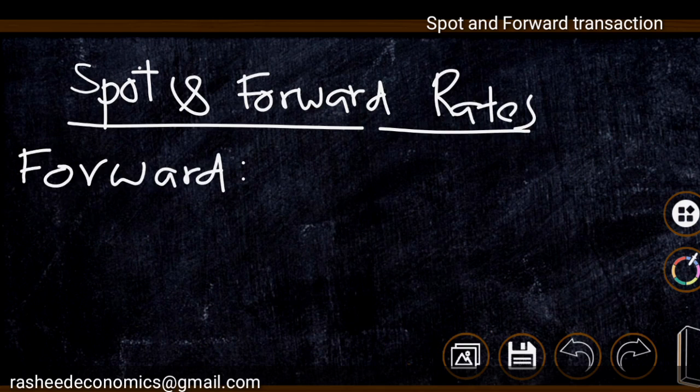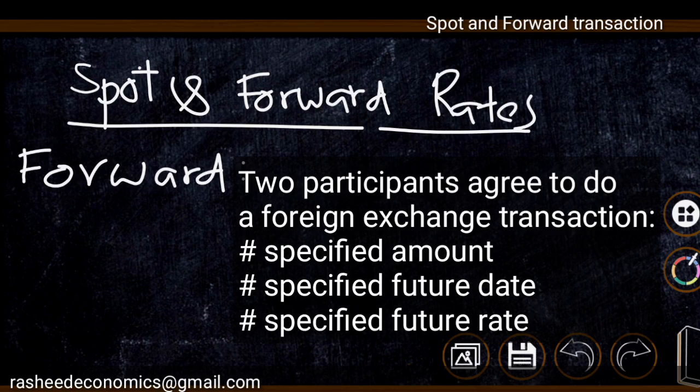Now we are moving to forward transaction. If 2 participants or 2 parties agree to do a foreign exchange transaction of a specified amount at a specified future date at a specified future rate, it is called a forward transaction.